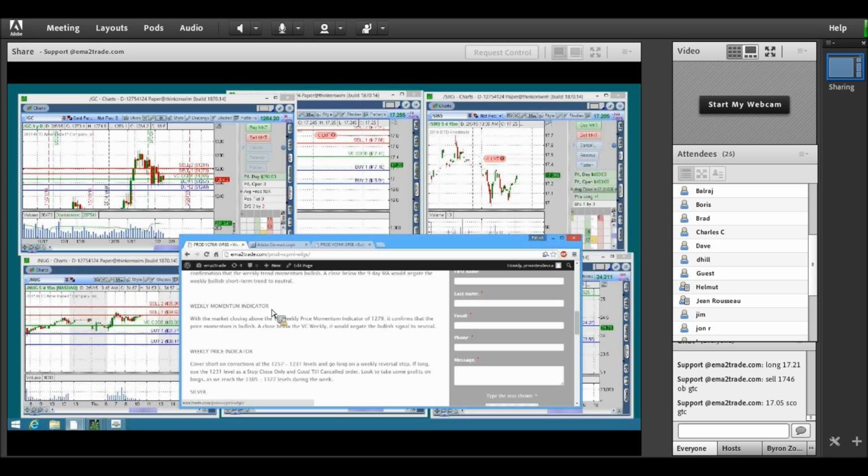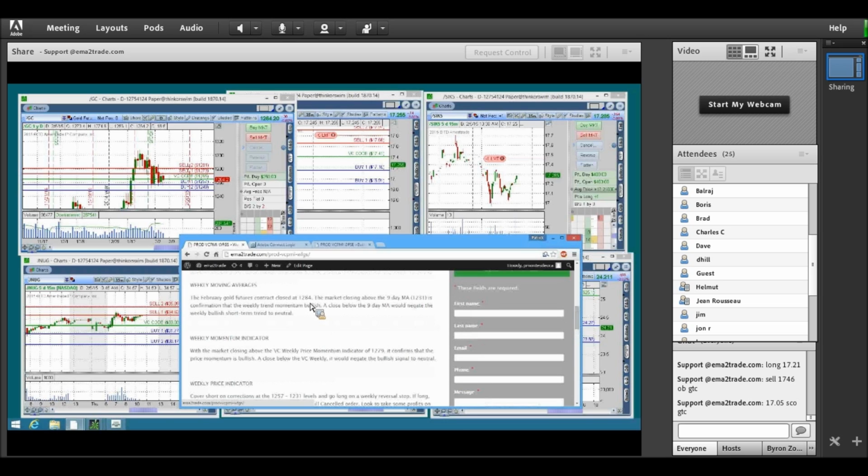And here, the market closing above the price momentum indicator of 1279, being that it closed at 1284, it confirms that the price momentum is bullish. But it also tells you if it closes below 1279, that this bullish signal would be negated.